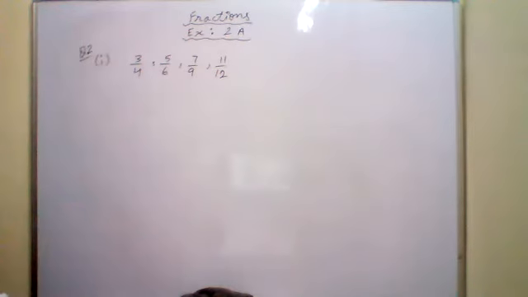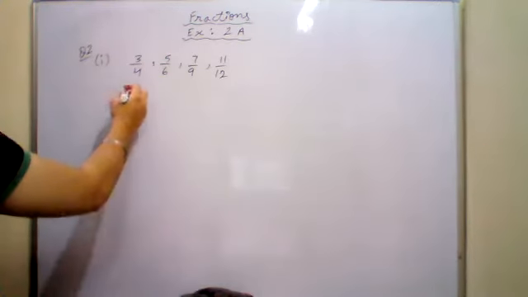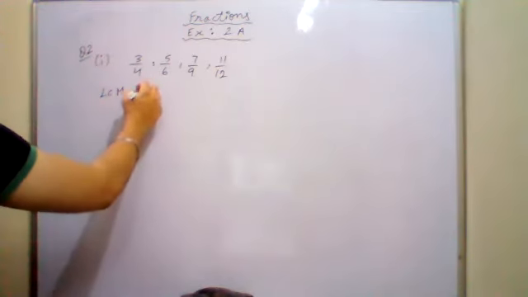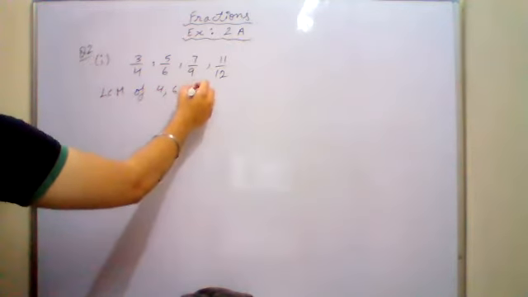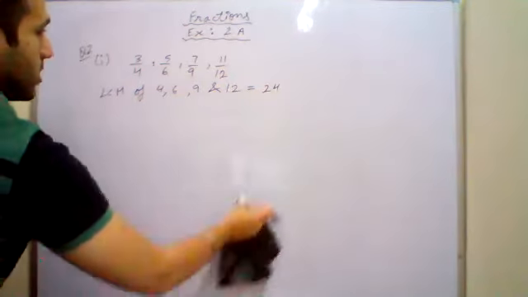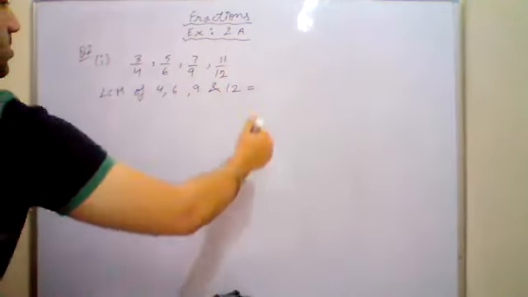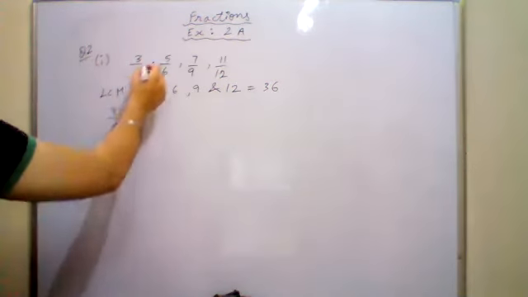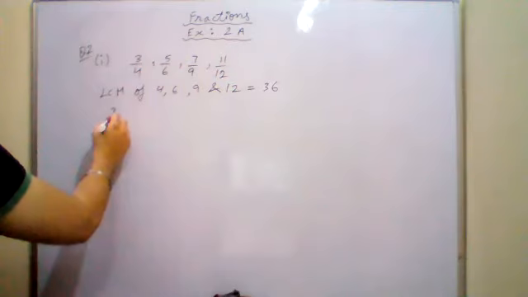So how you can do this? Again, you find the LCM of all the denominators. LCM of 4, 6, 9 and 12 is 36. Now convert all the fractions in like fractions में convert कर दो.